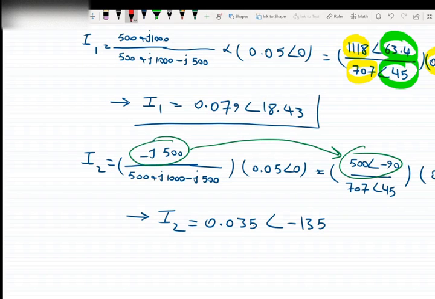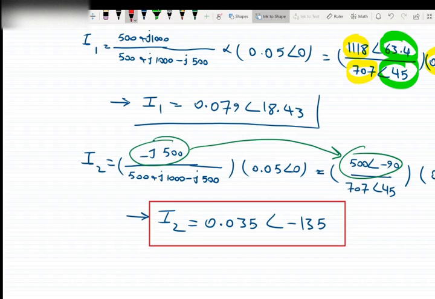So this one is I2. So we got I1 and we got I2. Now that we have I1 and I2, let's find the V.